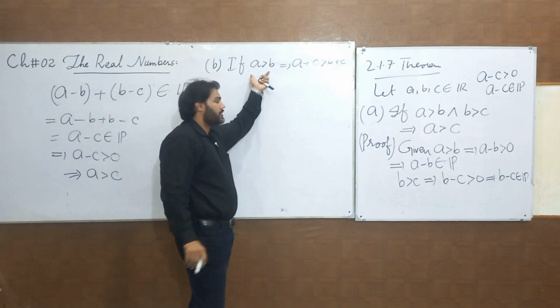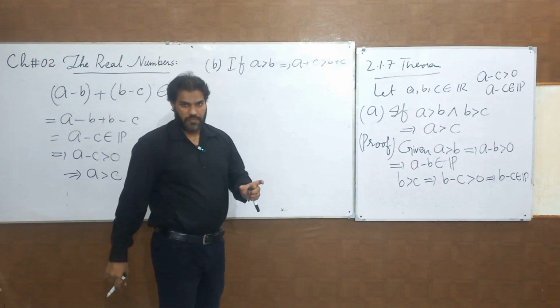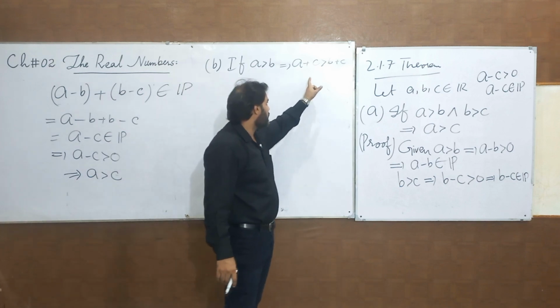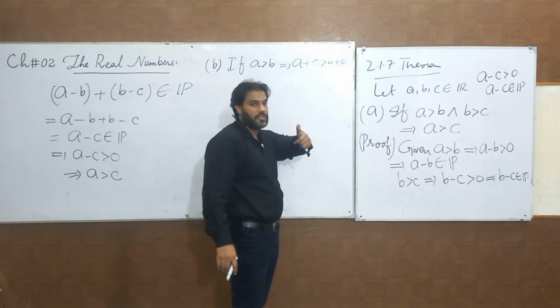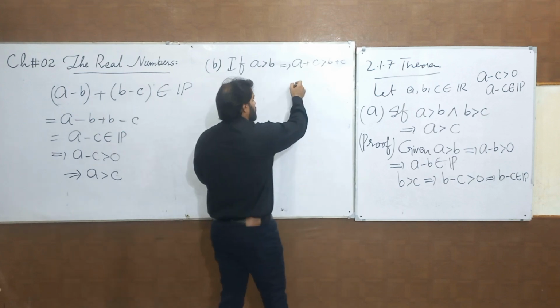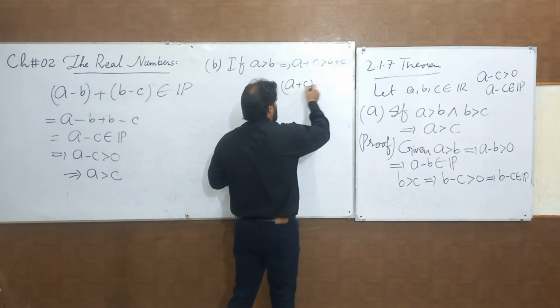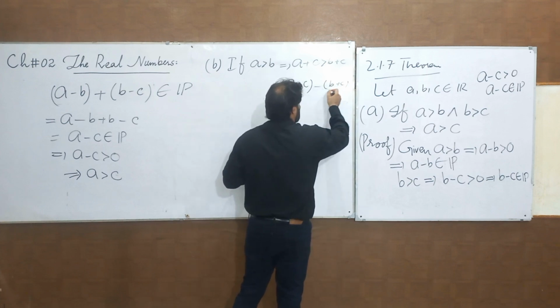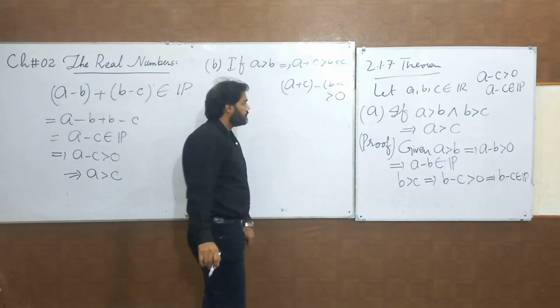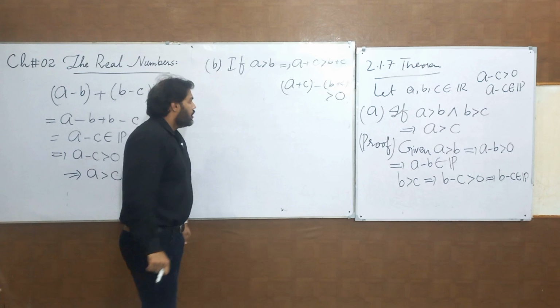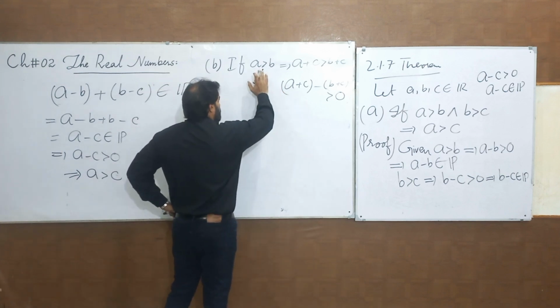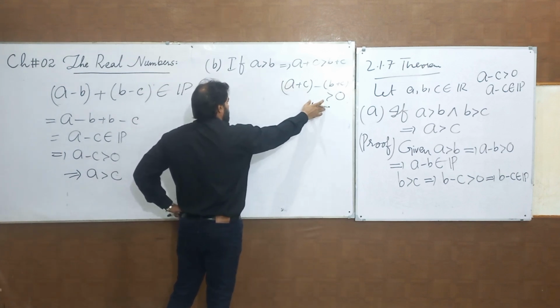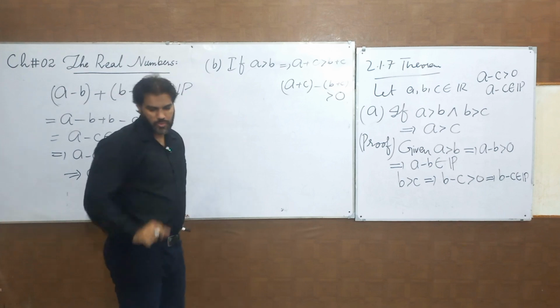By just considering A greater than B means A minus B is positive. Here we have to show that the difference A plus C minus B plus C is positive. So when you add and subtract C here, you can reach this step. I hope you can do this.